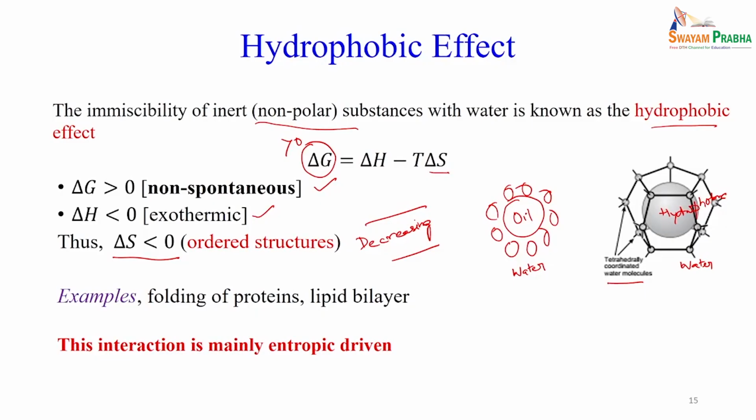So, hydrophobic interaction is basically governed by the decrease in entropy, or you can say the increase in more ordered structures. These are quick examples. In protein folding, there is always a hydrophobic core surrounded by a hydrophilic shell. The hydrophobic groups are in the center, and at the shell are the hydrophilic groups.